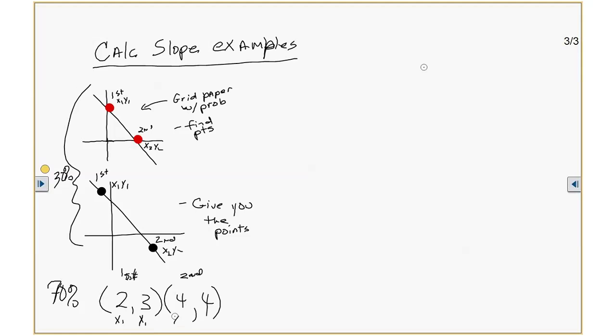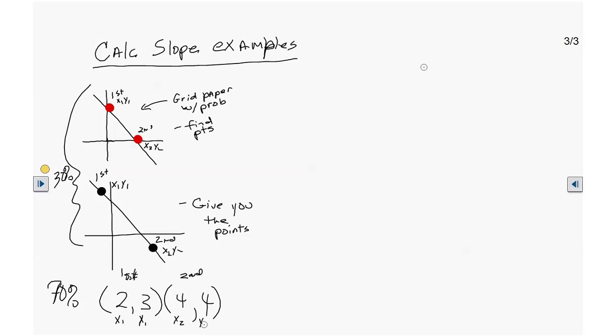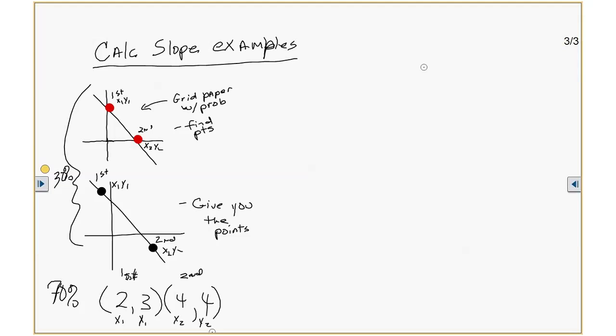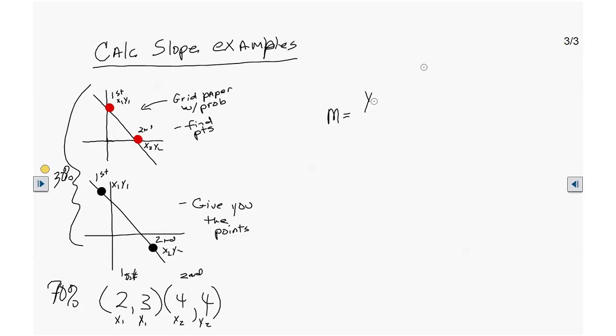This is x sub 2, y sub 2. So now, what do you do to calculate your slope on the third one, because we don't have numbers on the first two? Plug and chug. Now, if you don't know the formula for the slope, you're pretty much SOL. Y sub 2 minus y sub 1 over x sub 2 minus x sub 1.